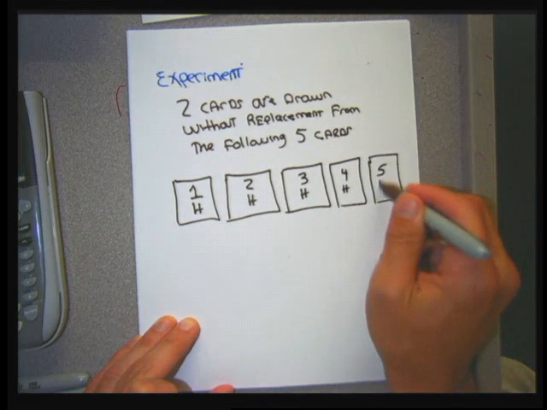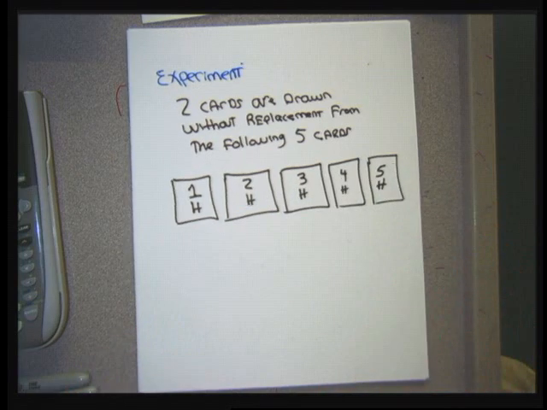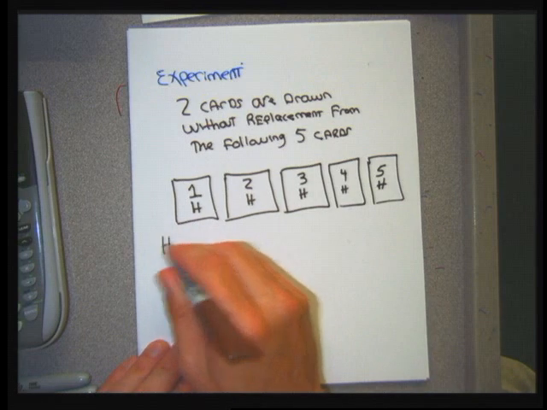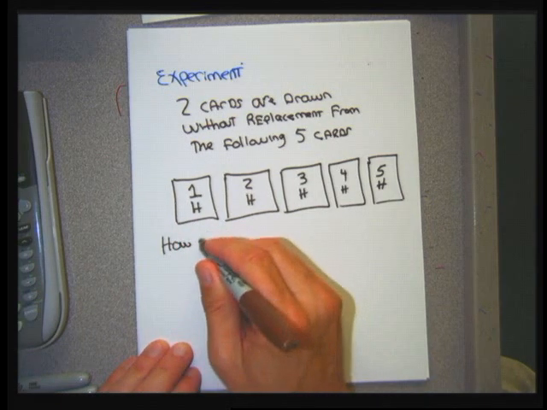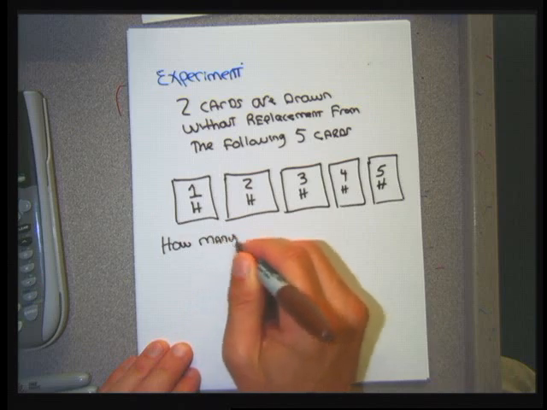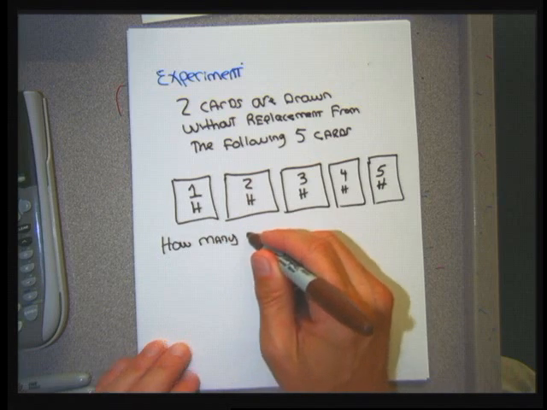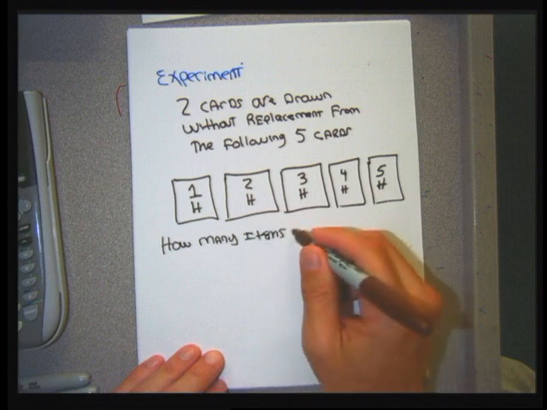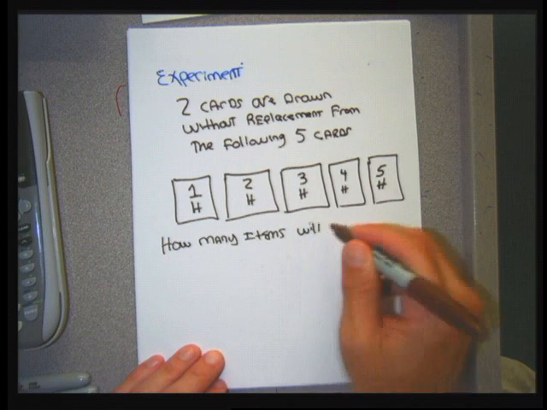So I'm taking from a deck of cards, I'm taking these 5 cards out, and I'm going to draw 2 of them without replacement. First of all, I'm going to say how many numbers will be in my sample space, like we've done in the last section. How many items will be in my sample space.